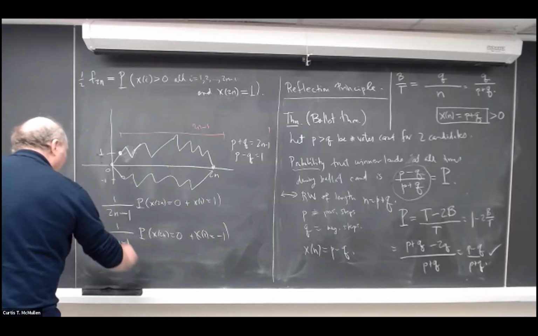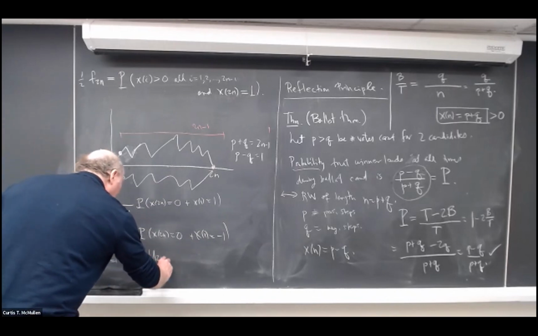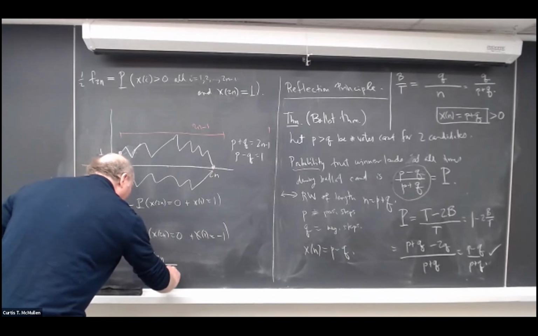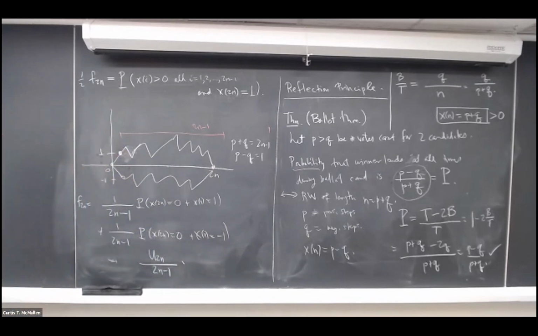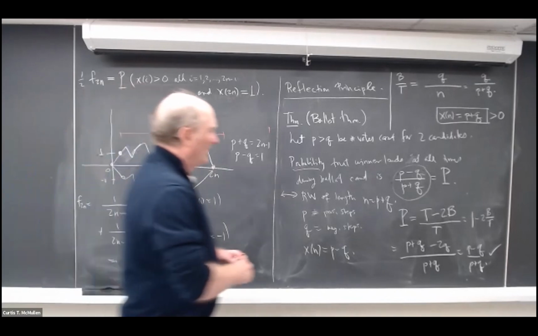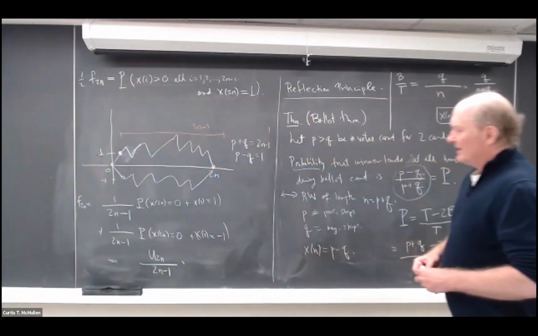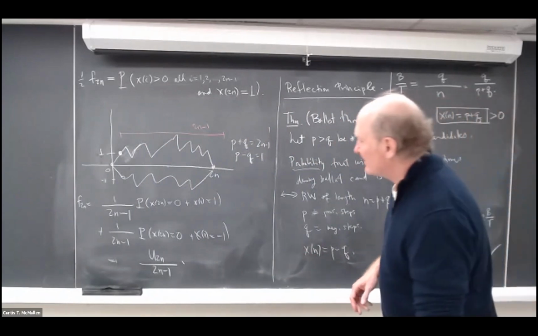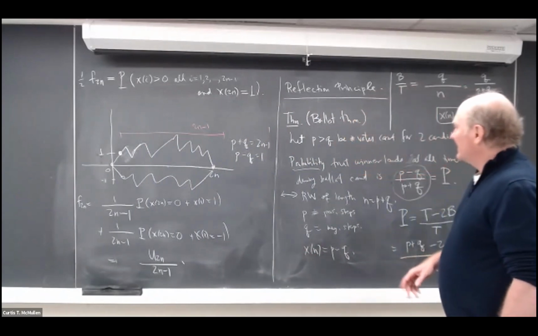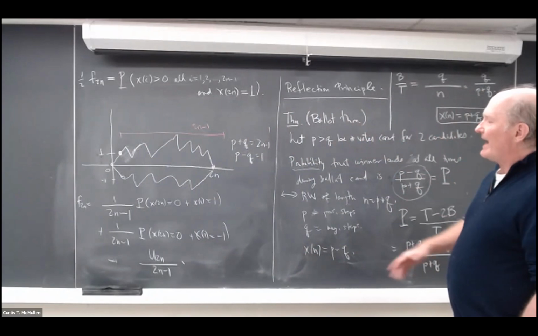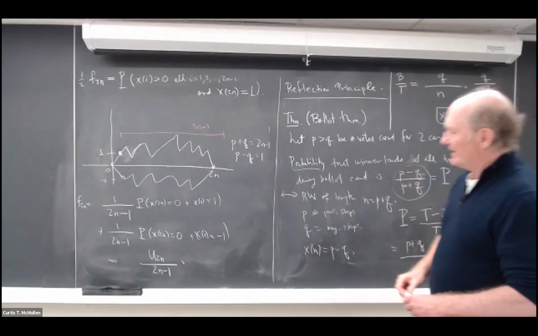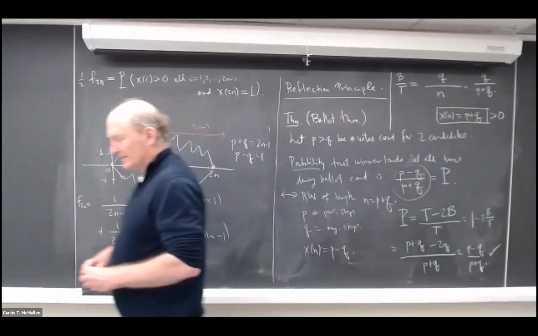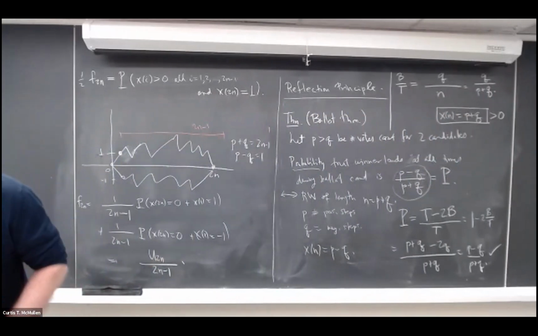The factor in front of them is the same, and so we get u_2n over 2n minus 1. Okay, so that's our second application of the reflection principle in a slightly different way, and it can be used to calculate the time of the first return to 0.